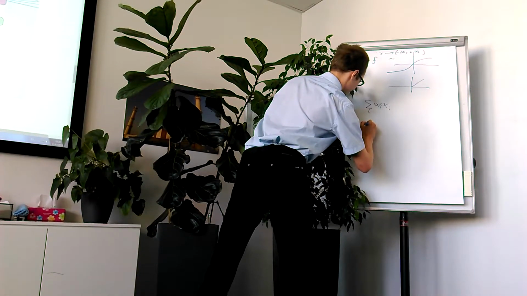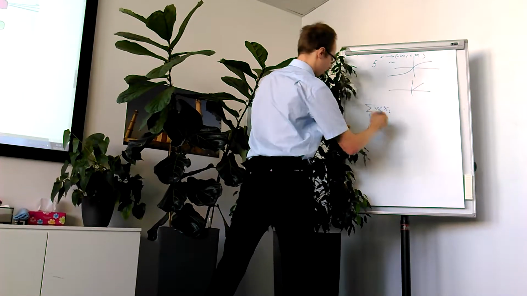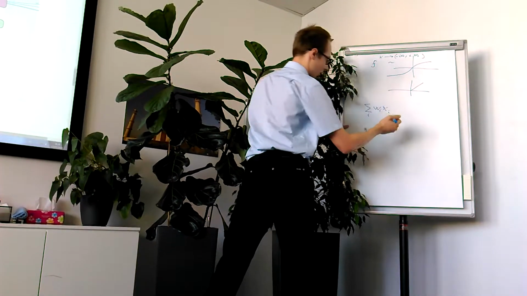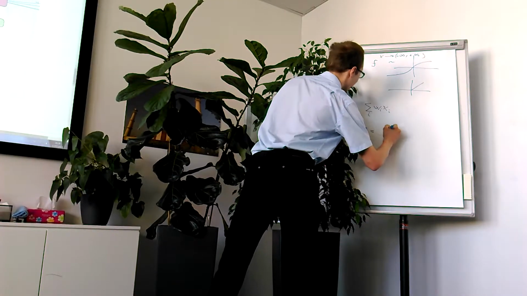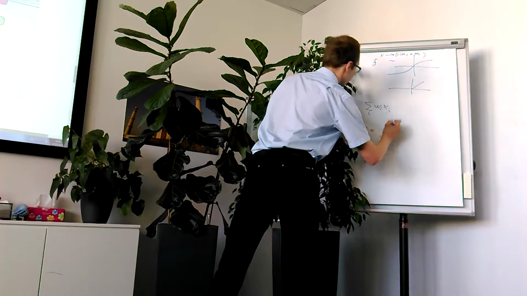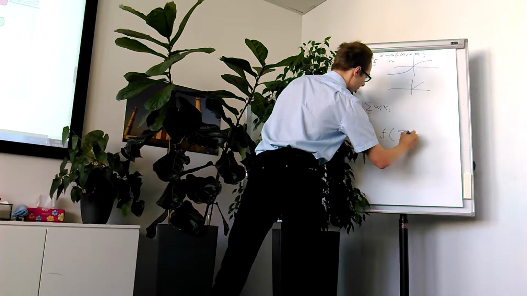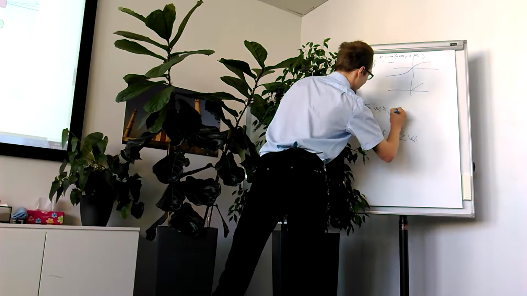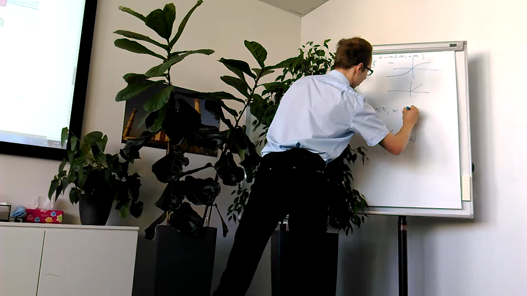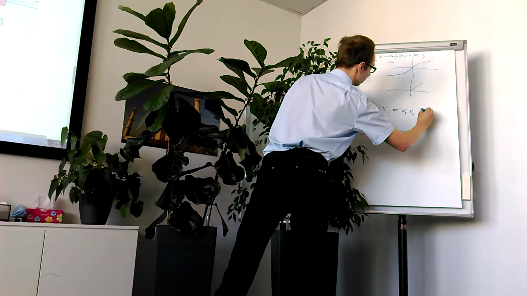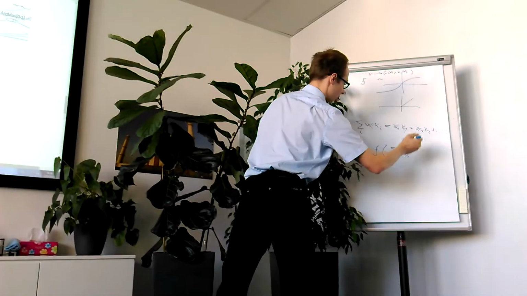The simplest layer would look in the following way: you would have some kind of non-linear function, and then you would have this kind of sum, which is basically just w1 x1 + w2 x2 and so on.